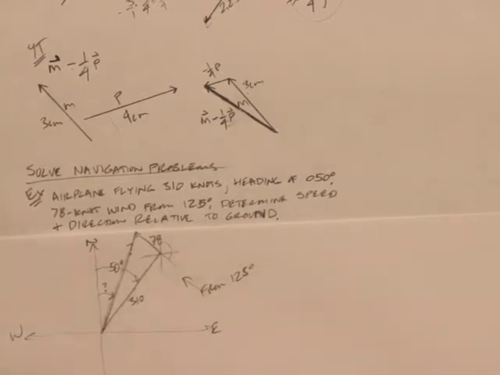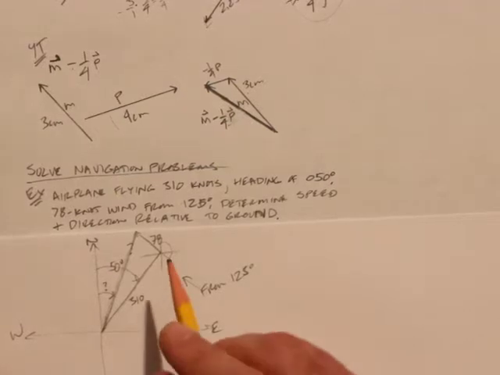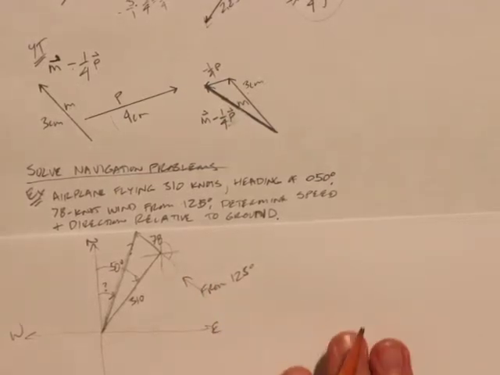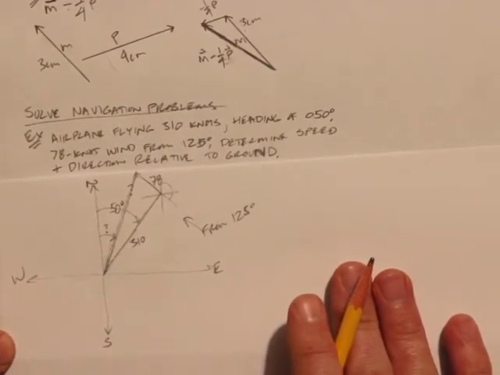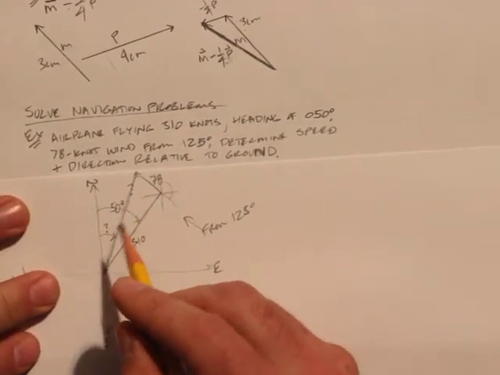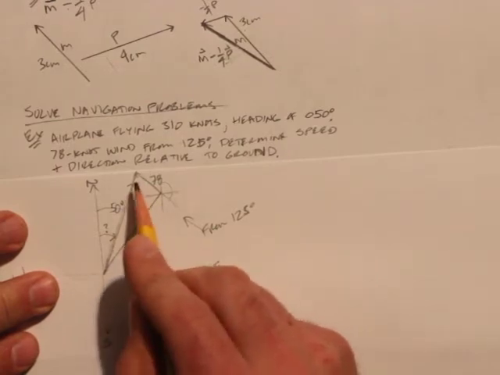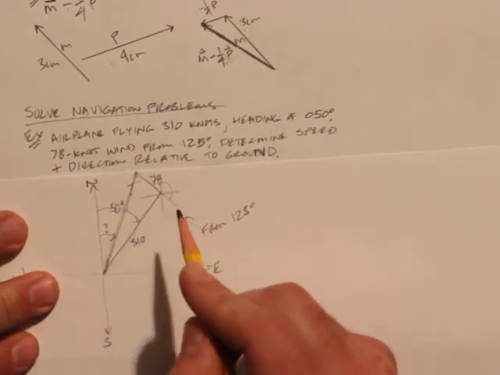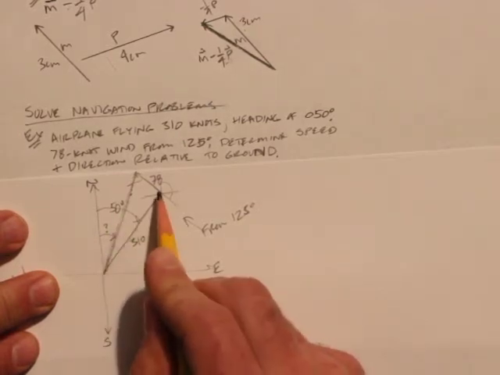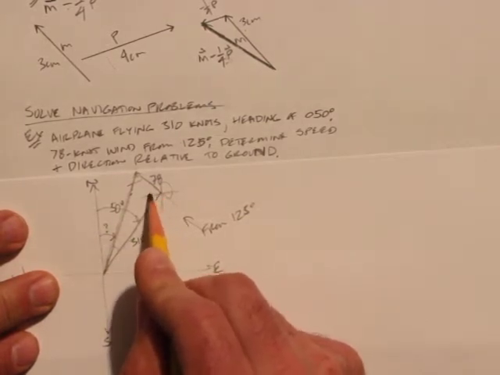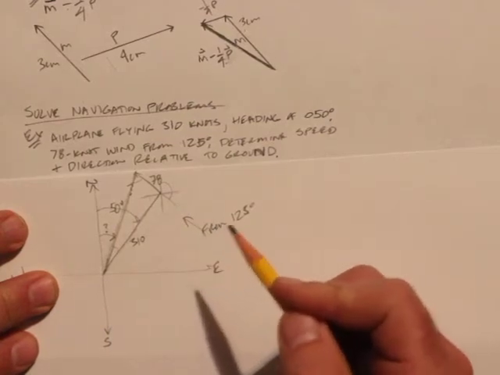Let's think about some of the things that we do know. We're going to be using some trigonometry here for this. I don't know this angle, and I can't know this angle, but I can figure out this angle. And so let me show you how.